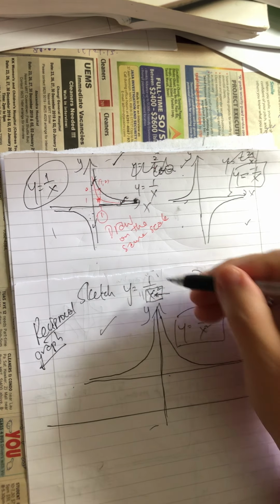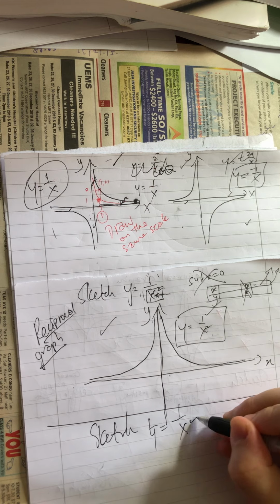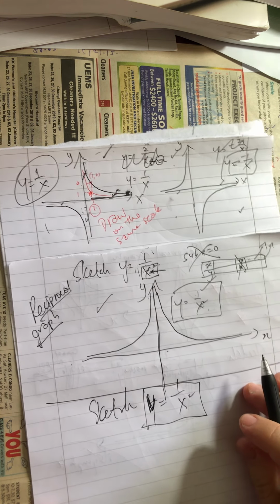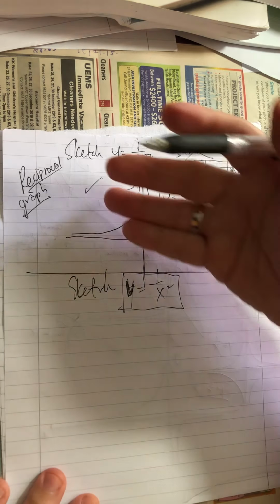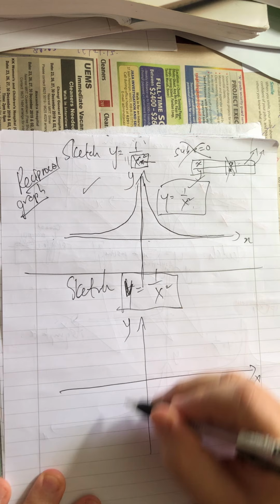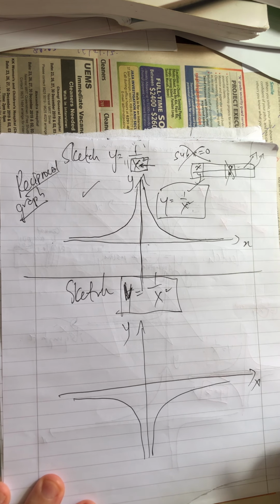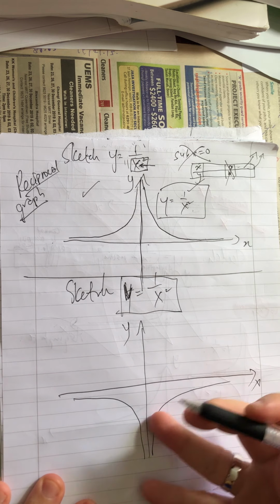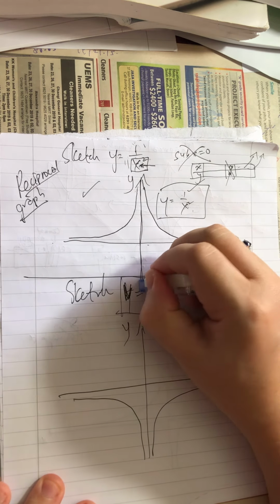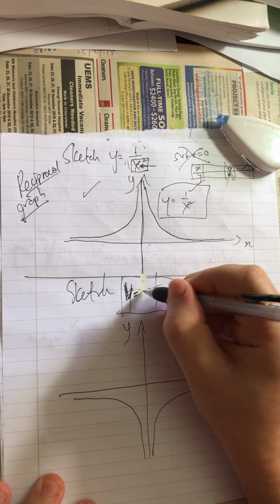Now, if you know this, then I ask you to sketch this. Okay, common sense would tell you, based on whatever you learn in Sec 1, Sec 2, that it's just a flip side of this, right? You just need to flip the graph over and you will end up with this. Yeah, that's all. Okay, but let me just show you that this is true. Sorry, I wanted to put a negative here.